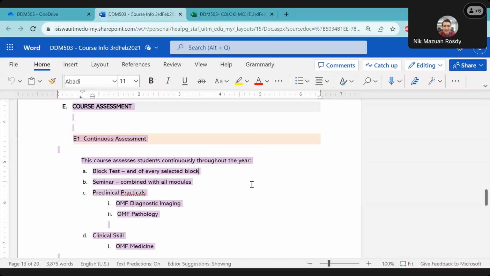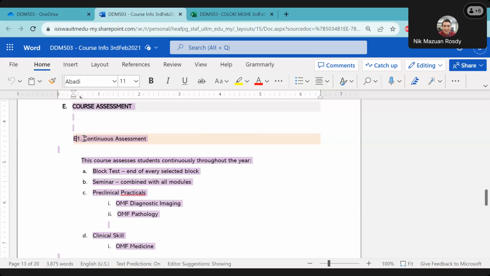For the course assessment, I think some of you are still confused between the types of assessment. Basically, for E1, I can put two types, the bigger ones, which are formative and summative. For formative assessment, we do not take the marks for the final exam, which is the professional exam for us.